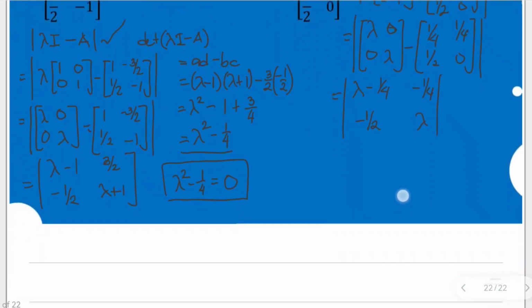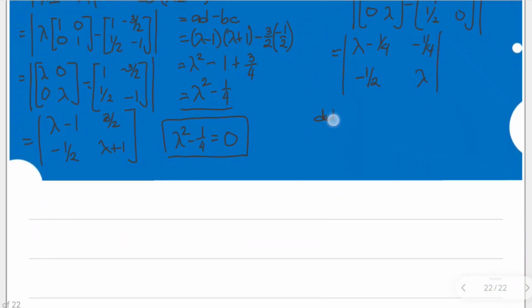From this, let's solve for the determinant of this matrix. Again, it's AD minus BC. Your A is lambda minus 1/4 times lambda, and then minus the product of negative 1/4 and negative 1/2.